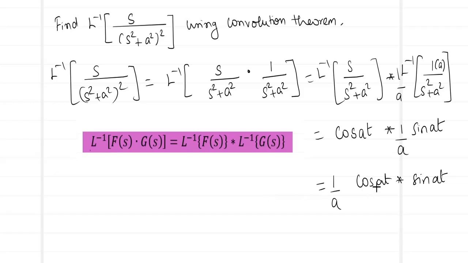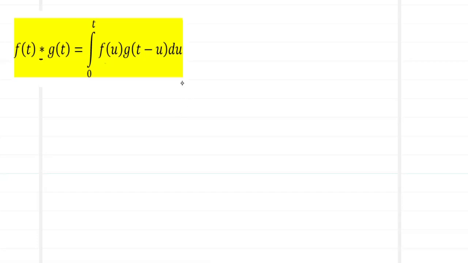Now let us refer back to the definition of convolution and apply the same to this quantity, cos at star sin at. Now we know that f of t convolution g of t is integral from 0 to t f of u g of t minus u du.